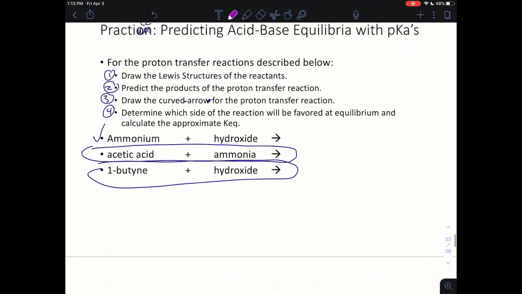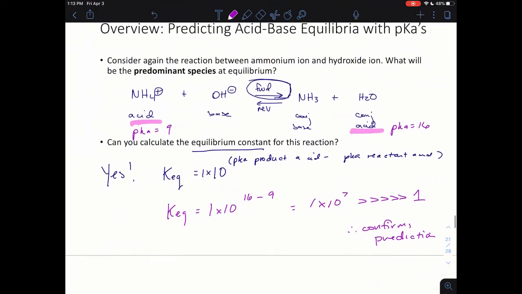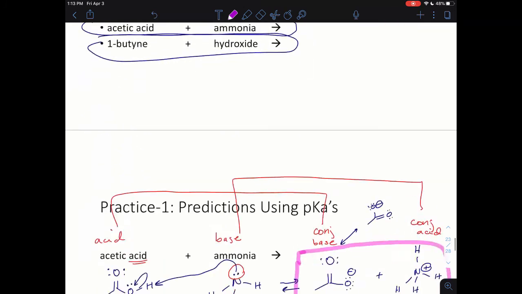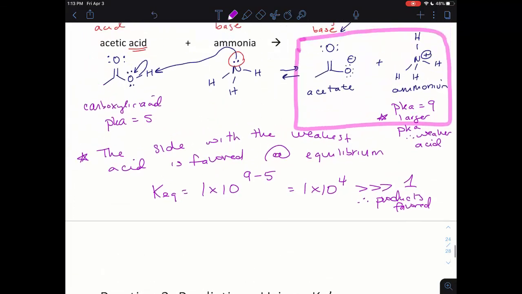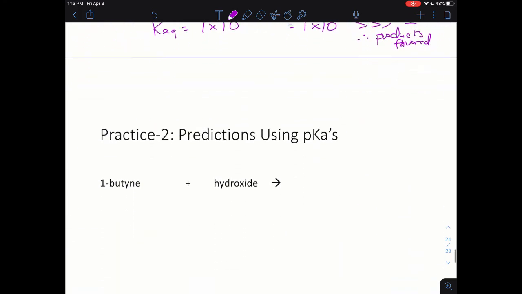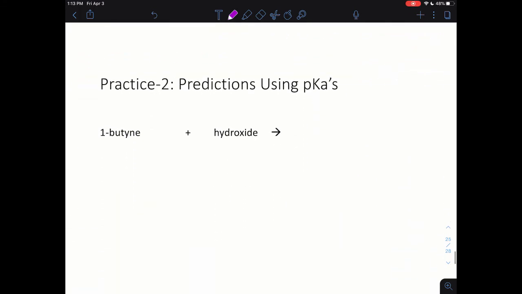And again, this equation I'm getting from right here. I want you to go ahead, take all that in, and try yourself for 1-butene plus hydroxide.